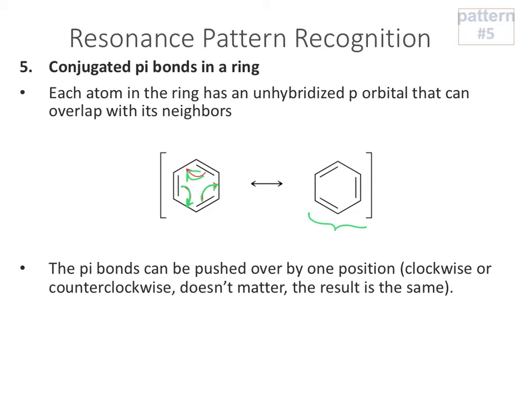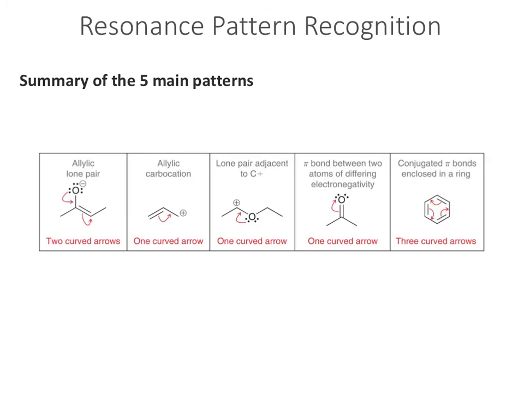And again, it's not that these 2 resonance structures are going back and forth, it's that the actual structure is a mixture of these 2. This is a summary of the 5 main patterns and the types of arrows that we use in showing the movement of electrons to get to the next resonance structure.